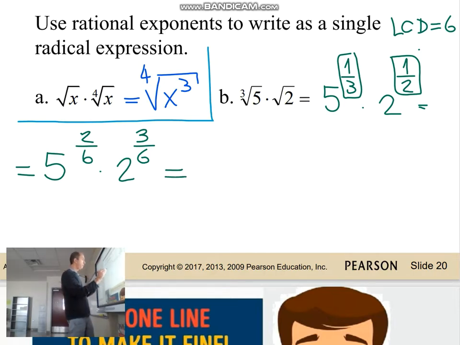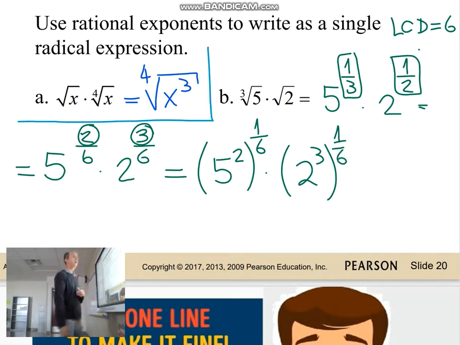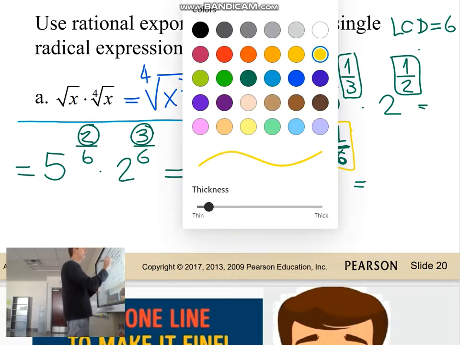Now we can rewrite this as 5 to the 2, exponent 1 over 6, times 2 to the 3, exponent 1 over 6. Check this, we have the same rational exponents, and we can put this under only one root. It's going to be the 6th root, right?